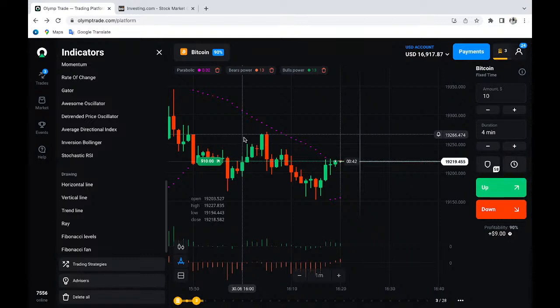We need them above the zero, because if they are above zero, it means uptrend. If we get all three confirmations, we can open a trade of 2 to 4 minutes. That's how we use the confirmation strategy.